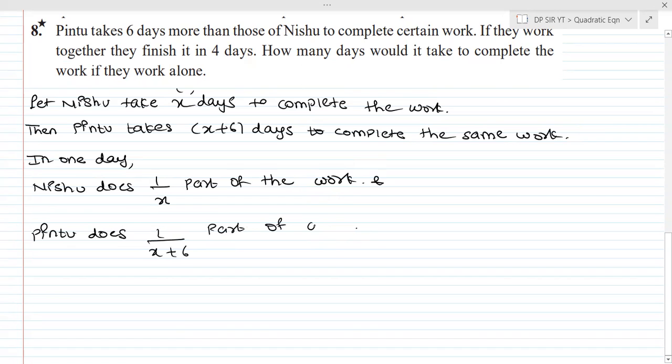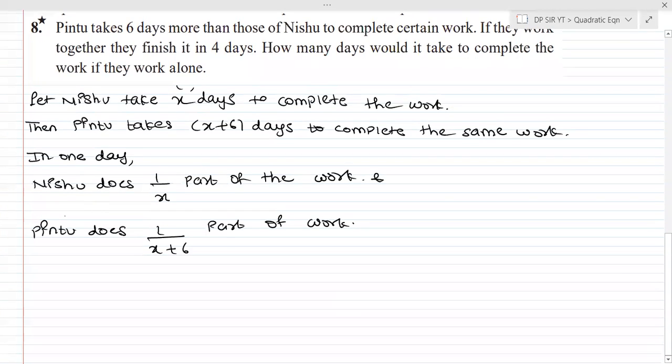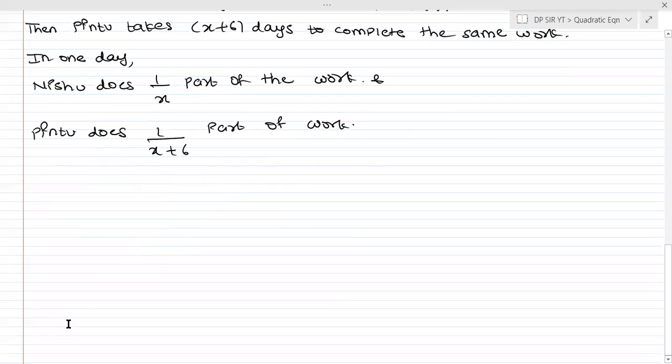I hope I am very clear till now. Okay. Now, in one day, they together do so much work. मतलब इतना काम करते हैं. So therefore, in one day, now the question is a bit easy.